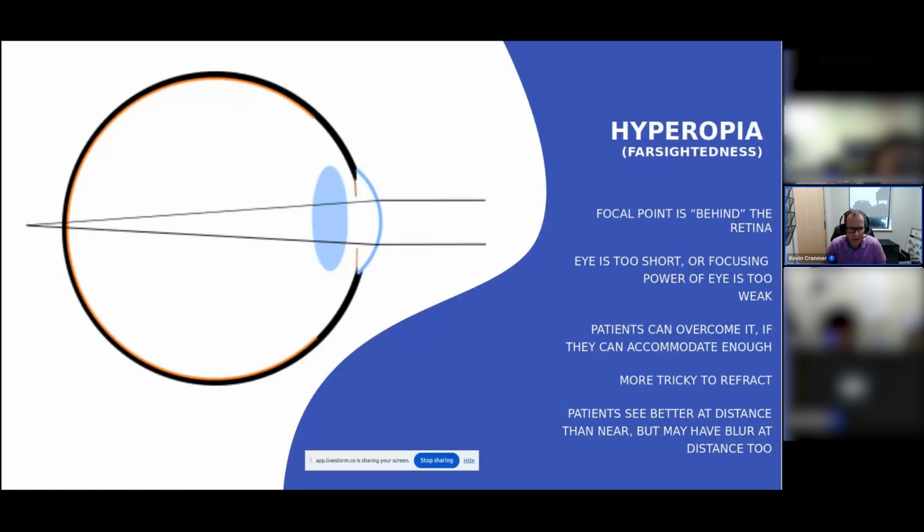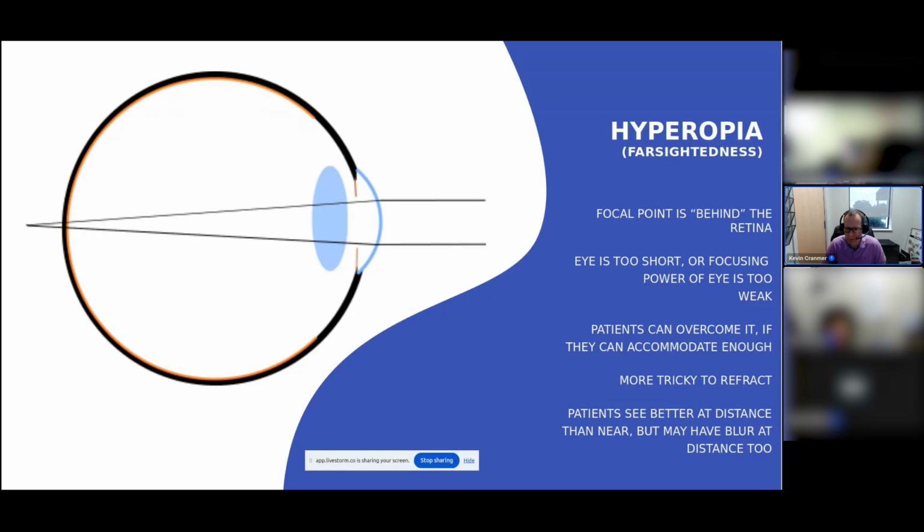That means that the patient would be blurry, except young patients can overcome this. So if you're 17 years old and you can accommodate 5 diopters, then you can move that focal point forward voluntarily. And so hyperopes are the ones who may have seen well all their lives until they start to hit their late 30s, 40s, early 50s, and all of a sudden they can't overcome it anymore because they can't accommodate.